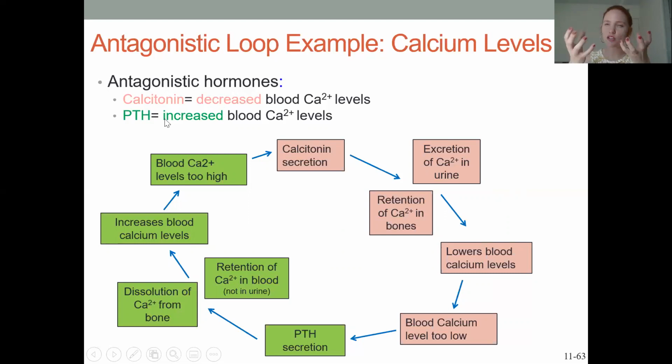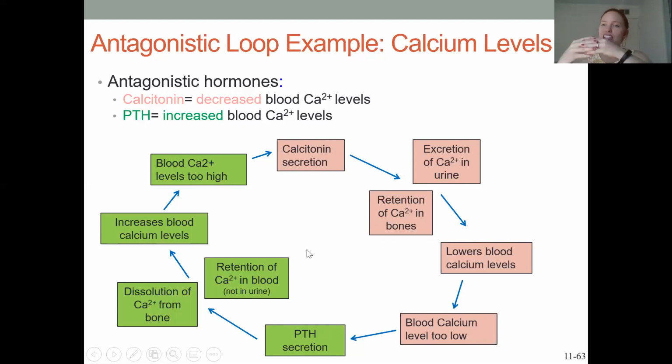Okay, so it's sort of like a tug of war. I like to think of it like a tug of war that nobody wins. Okay, so that when the blood calcium levels become too low, that'll cause secretion of parathyroid hormone, and that's going to increase them back up. And that's going to cause secretion of calcitonin, which is going to increase them back down, which is going to cause a secretion of parathyroid, which is going to increase them back up, and over and over again.